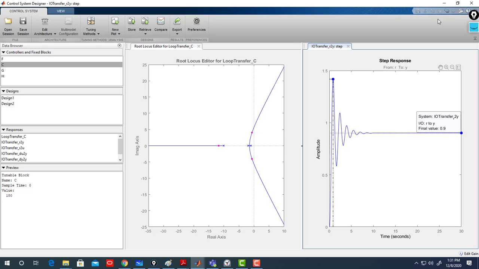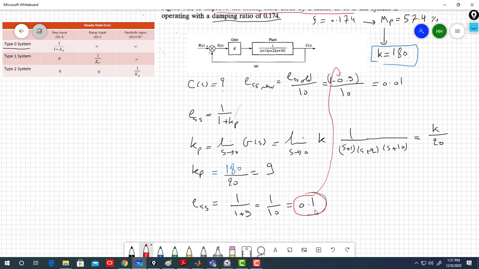We're just here to tell you that you can find the steady state error by calculation. I just wanted to show it to you. So now the goal is really to find this compensator that leads you to a new steady state error which is 10 times less.